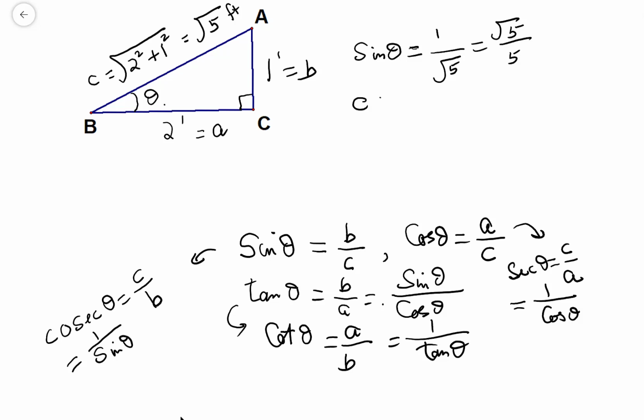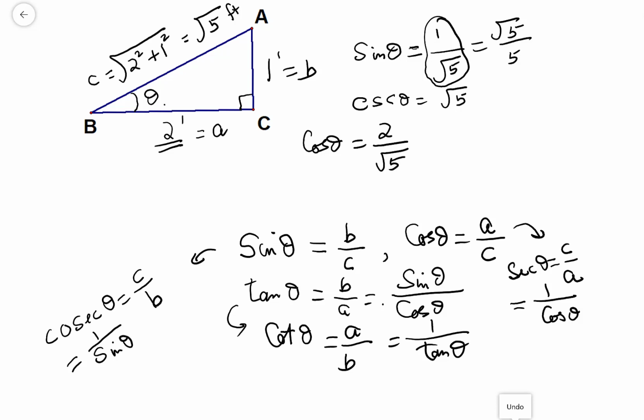And cosecant of theta, which we write in short like this, that's the reciprocal of sine theta, so here it'll be easier. That's the square root of 5. If I go for cosine of theta, that's the adjacent over the hypotenuse. So that's 2 over square root of 5. I'm just choosing not to rationalize the denominator here.